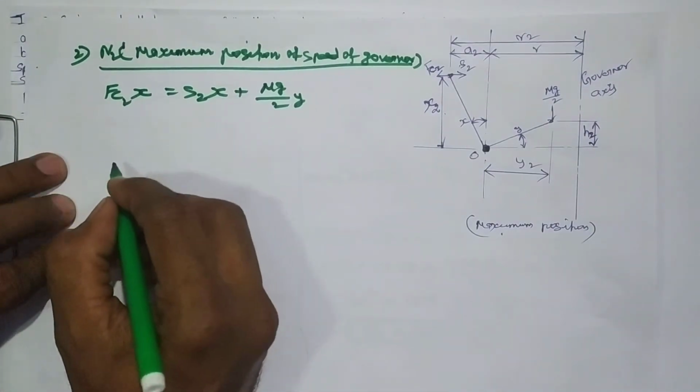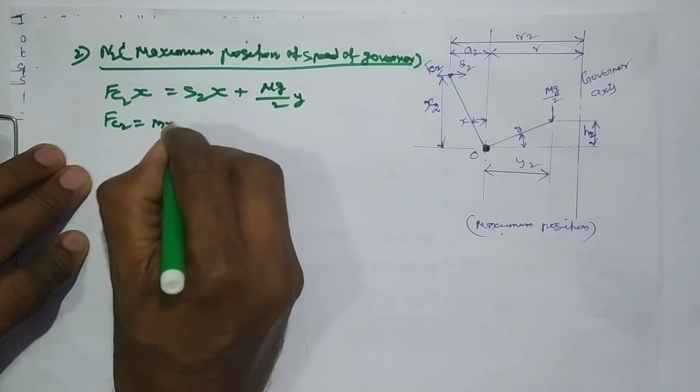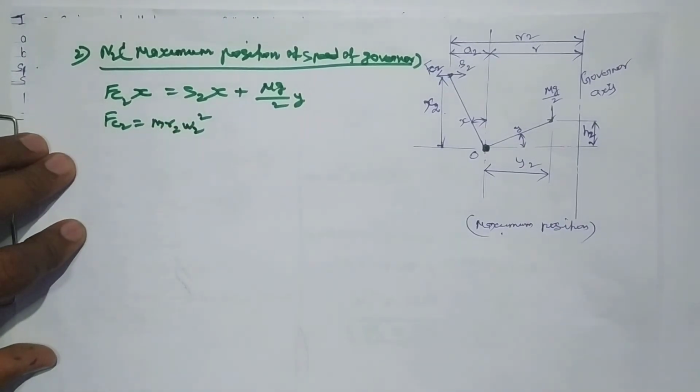So now how do you find out the, so FC2 equal to m r2 omega 2 square. Now you find out the R2 value. How do you find out the R2 value? It is very simple one.